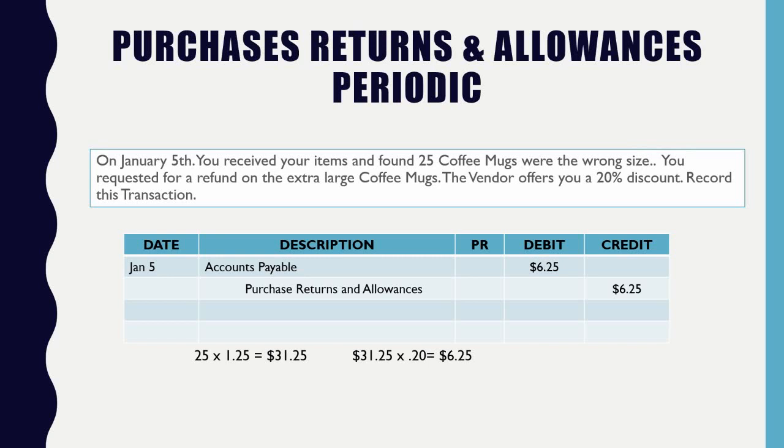They're decreasing the value of your assets or your purchases, and essentially they're decreasing the value that you owe. And in return, all it really is, did you return the item or did you just get a discount off the item? Okay? And in this case, they essentially function the same. So purchase returns and allowances are the same.